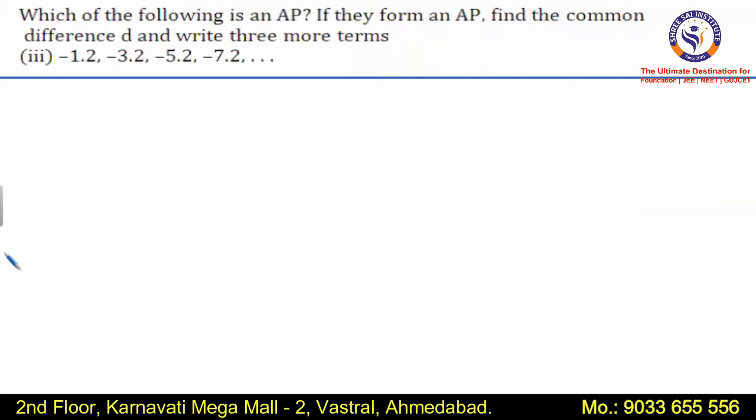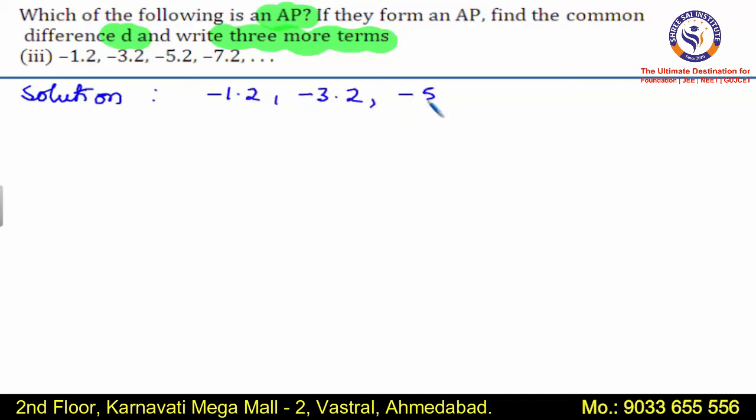The given question says, which of the following is an AP? If they form an AP, find the common difference d and write 3 more terms. Let's begin with the solution. And the given list of numbers is minus 1.2, minus 3.2, minus 5.2, minus 7.2, and so on.